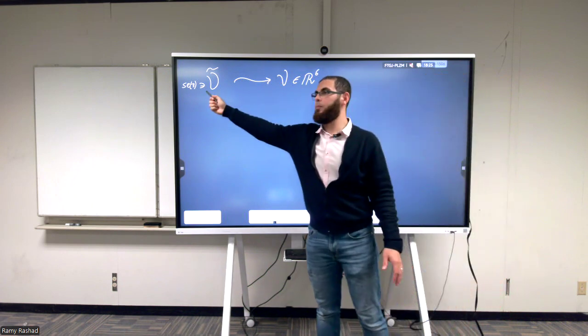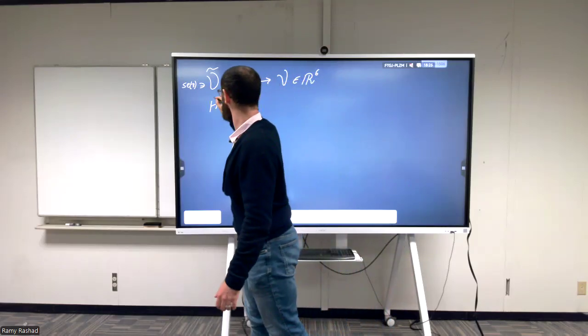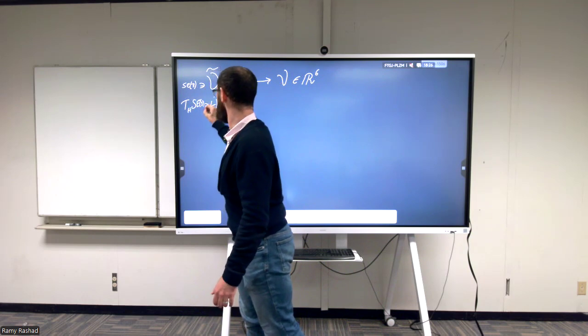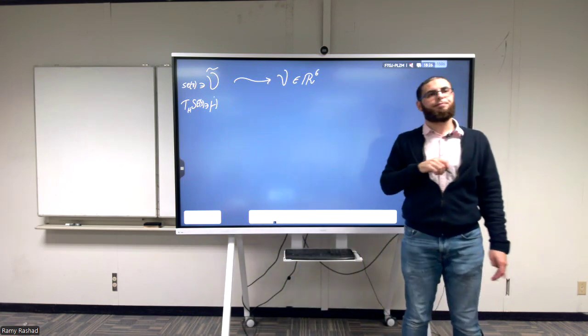This came from an element of H dot, right? And the H dot was the tangent space with respect to H of SE3. You all agree?